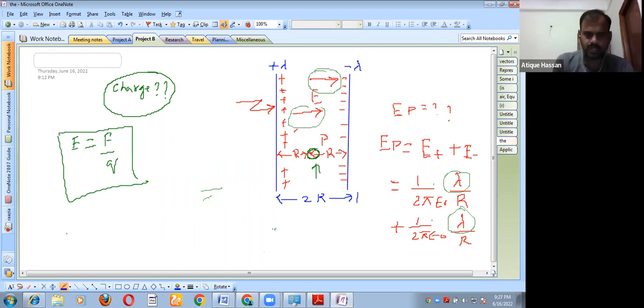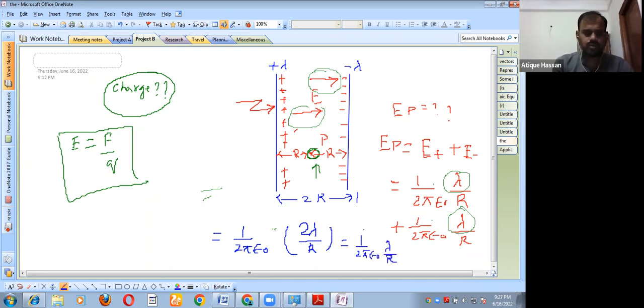So we will get the value as 1 by 2 pi epsilon naught lambda by r plus 1 by 2 pi epsilon naught lambda by r. So it will come as 1 by pi epsilon naught lambda by r.